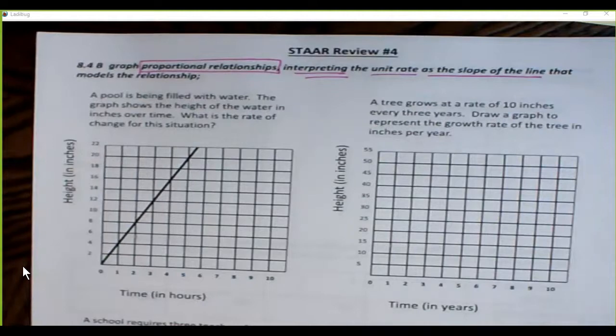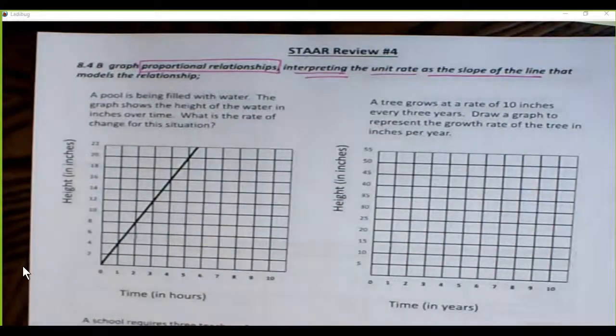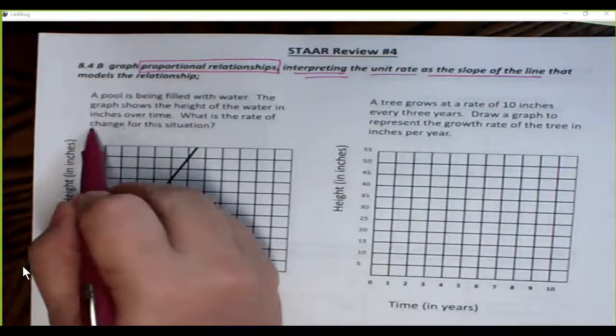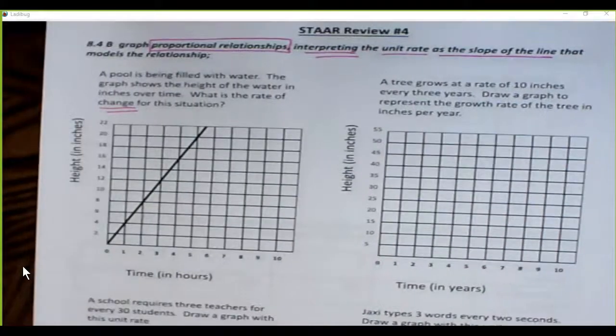So remember, we're interpreting the unit rate as the slope of a line. So here, a pool is being filled with water. The graph shows the height of water in inches over time. What is the rate of change for this situation? Rate of change. The key word here is change. Well, how much is the pool filling up in 1 hour?